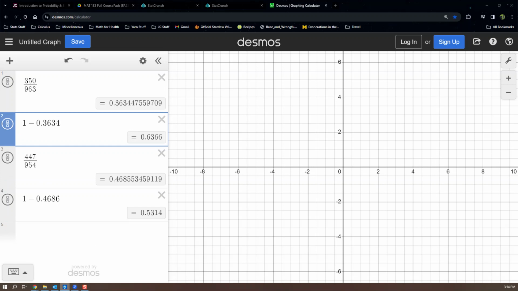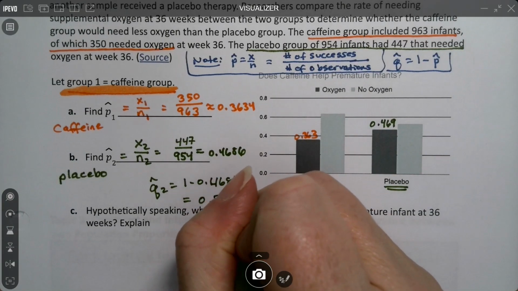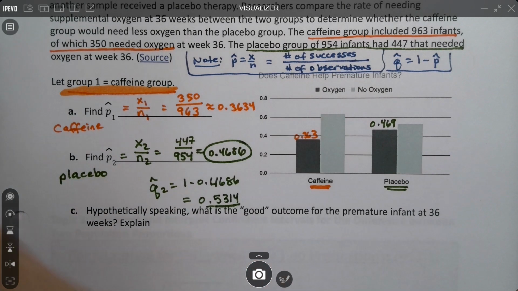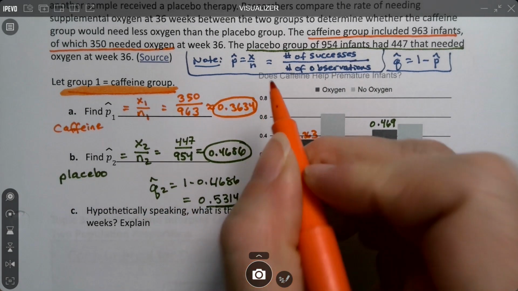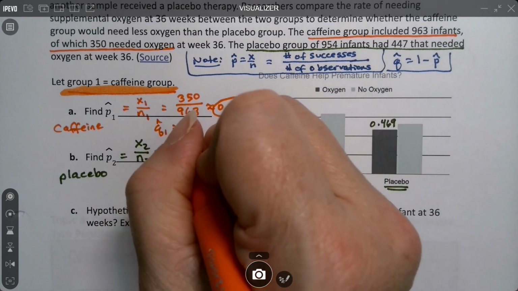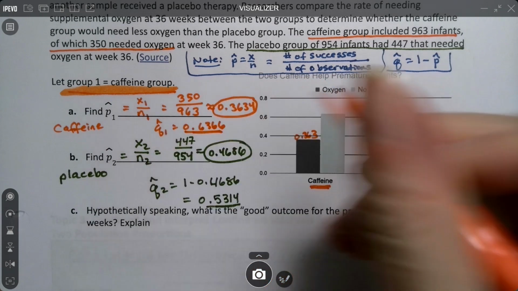Oops, I pressed the wrong button. There we go. This was what was specifically being looked for, though, so I want to circle it. And I'm just going to nudge this in here. So this is 0.6366, and that's this value.